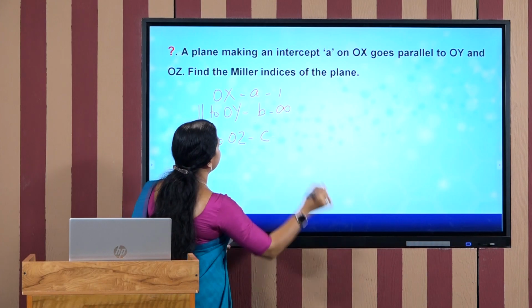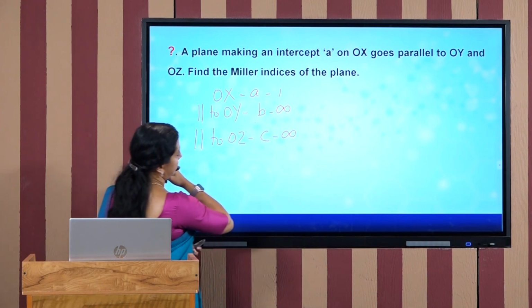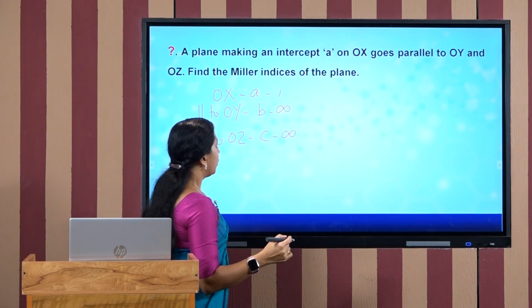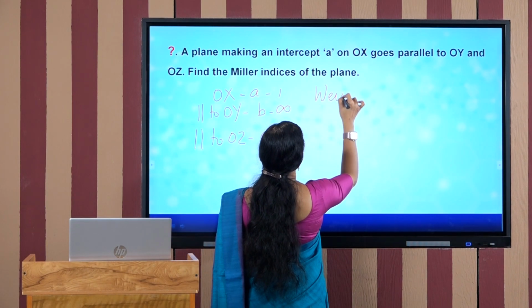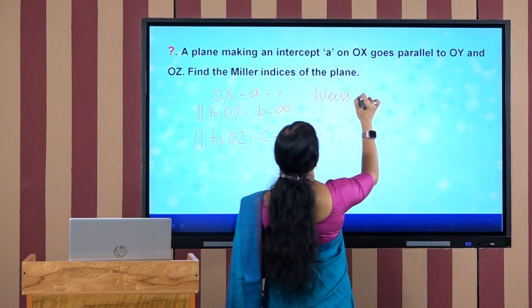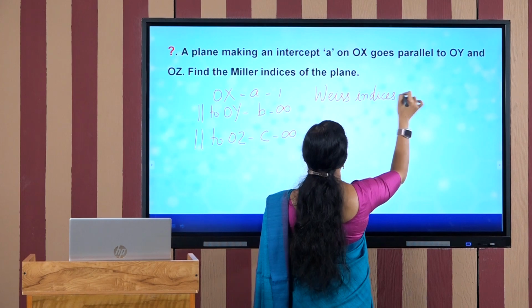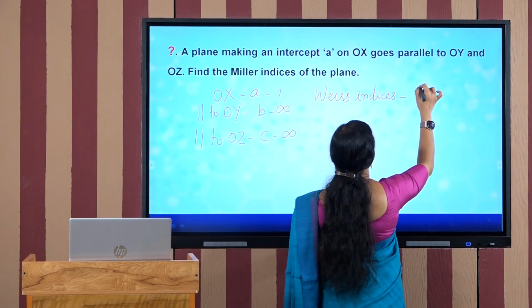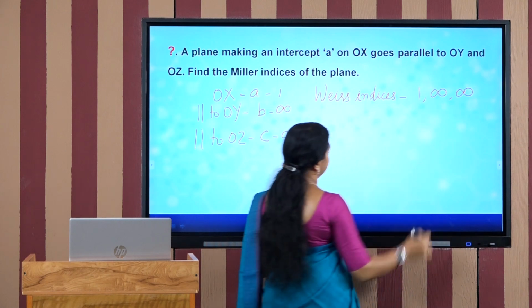Again, the coefficient of C will also be infinity. So, what is the first step in finding the Miller indices? You have to find the Weiss coefficients or Weiss indices. So, here the Weiss indices are 1, infinity, infinity.